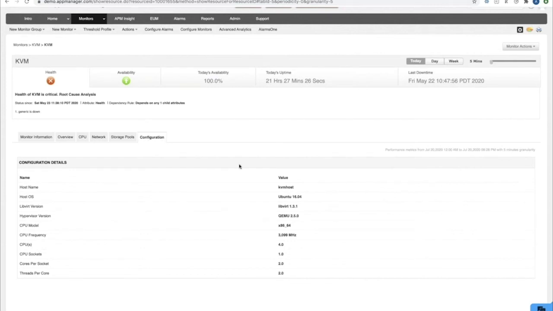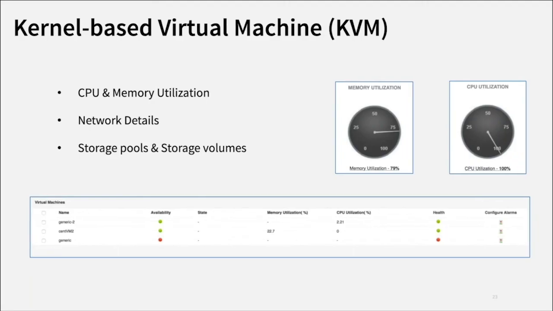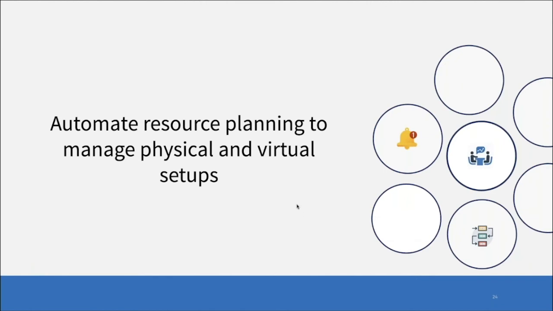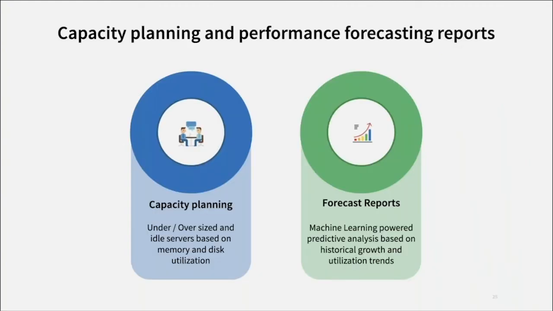So back to the presentation, and it brings us to the final part of the presentation, and in this part we will see about capacity planning and performance forecasting. So let's take capacity planning on one side.